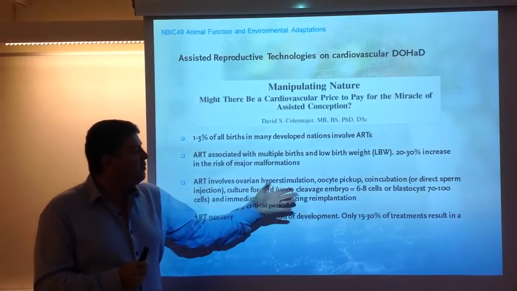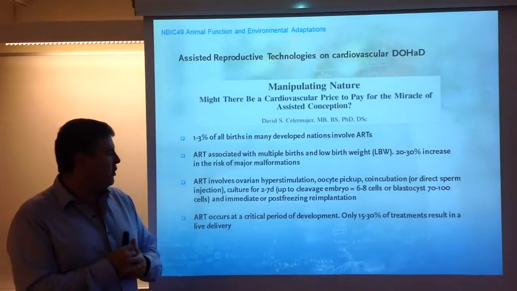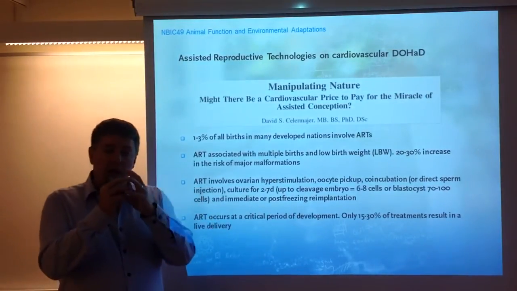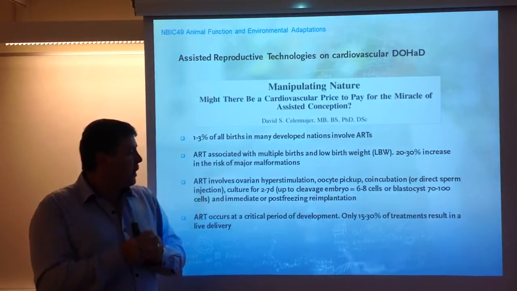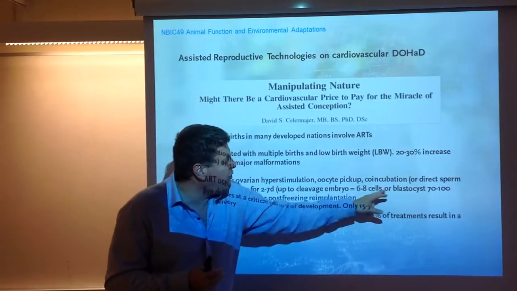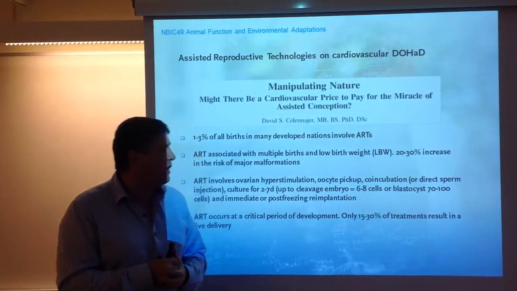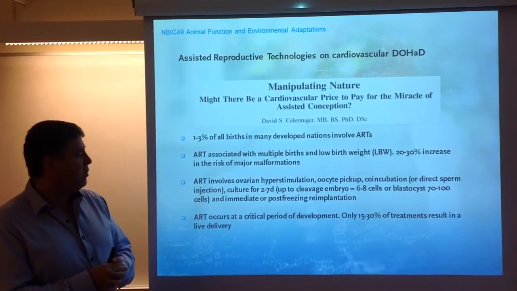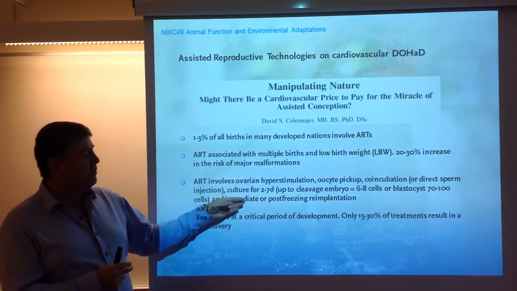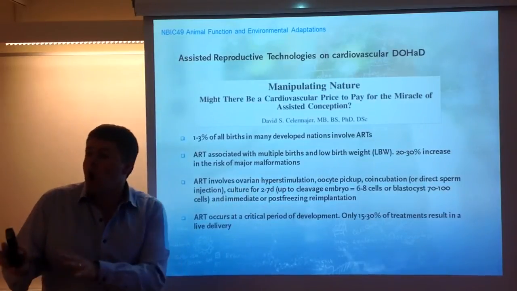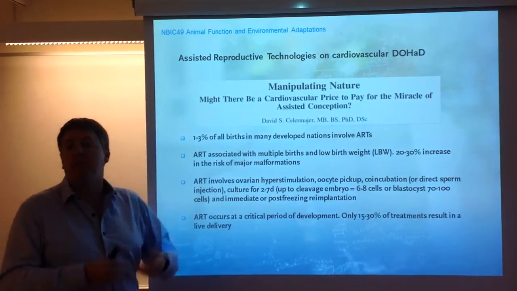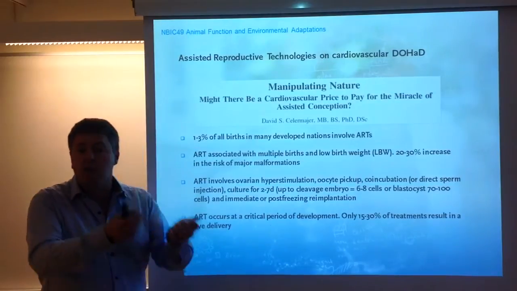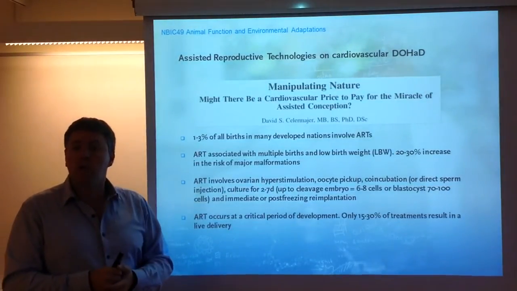For up to 7 days, depending on the age and depending on the procedure, but you then have the zygotes that will be from the blastocyst stage to 6 or 8 cells, or up to 100 cells if it's a later type of zygote. And then this oocyte is implanted, or not. In some cases, these oocytes are frozen and later on thawed and implanted.